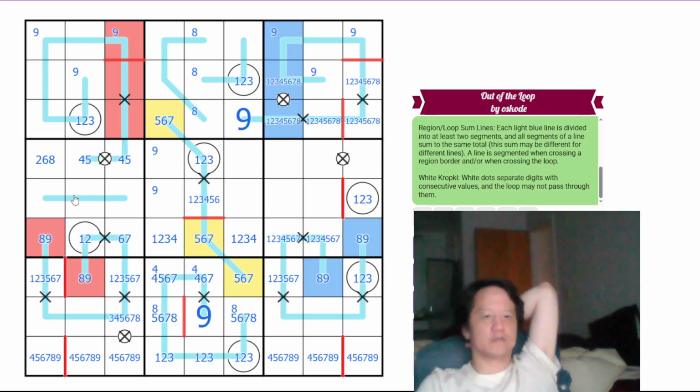That's interesting. If this is 8, this has to be 2 or 6. So this cannot be a 2, 6 pair adding up. Therefore, this would be 1, 3, 4 this way. This would have to be a 2, 6 pair.